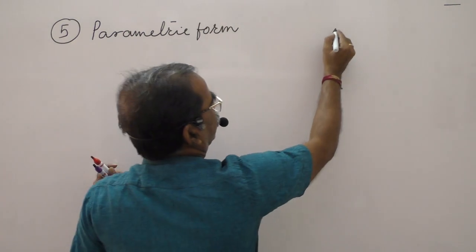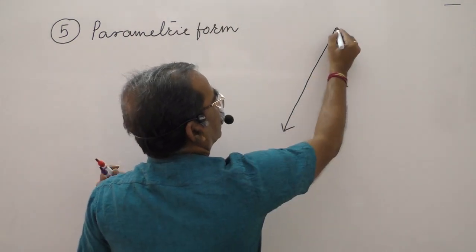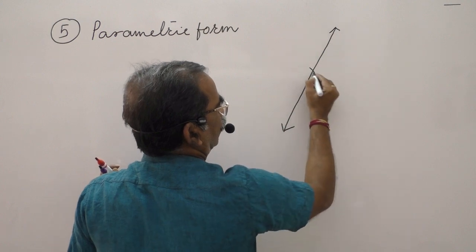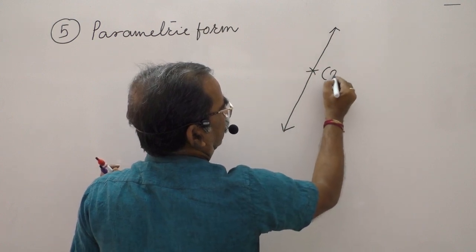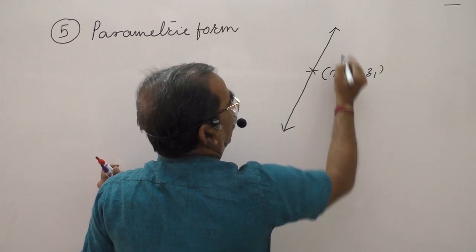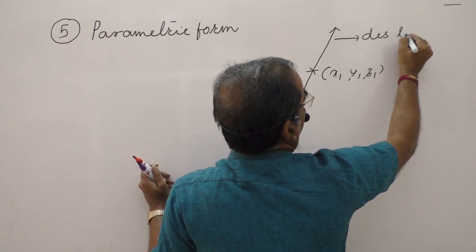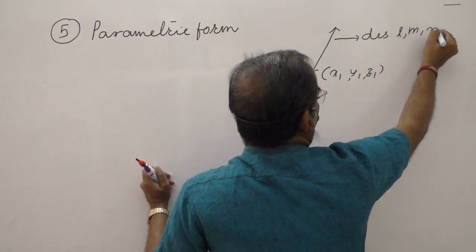We have seen this line just now. This is a line passing through a point x1, y1, z1 and which has DCs l, m, n.